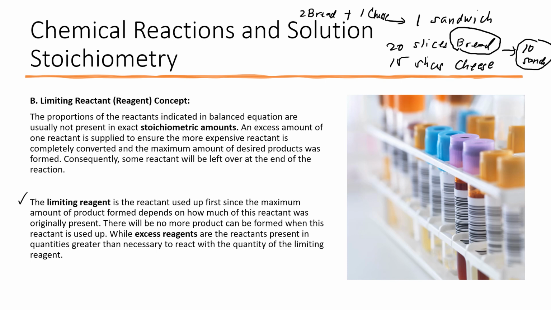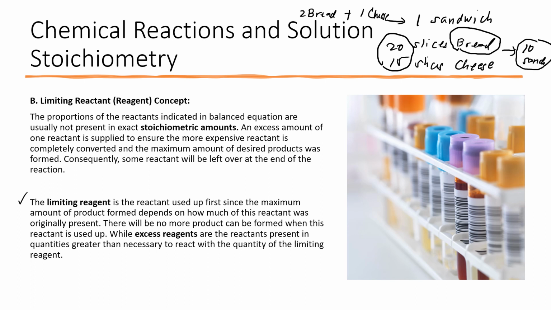So, dito sa quantity, 20 slices of bread, 15 slices of cheese, hindi ibig sabihin na kapag mas maliit tong isa, yun na automatically ang limiting reagent. Hindi. Depende kung ilan sa kada isa sa kanila ang kailangan to produce one product. Okay?